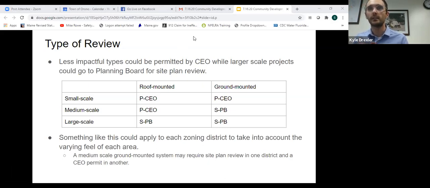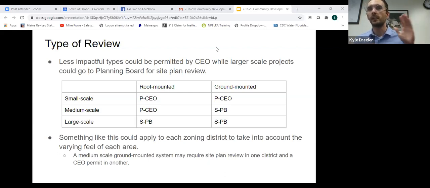So for instance, a medium scale ground mounted system might require site plan review in the MDR or commercial 2 or some denser district, whereas in the low density or the forest and agriculture, where there's bigger lots and things are more spread out, maybe it's okay for that to be a permit through the code officer.